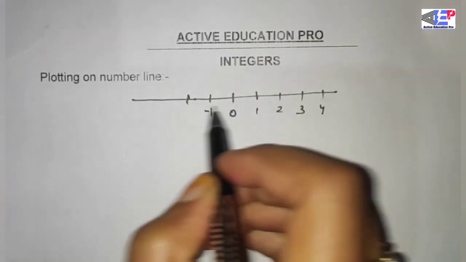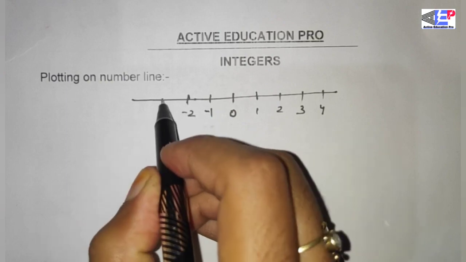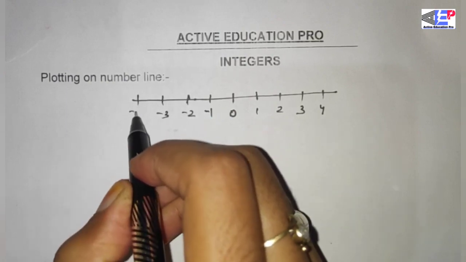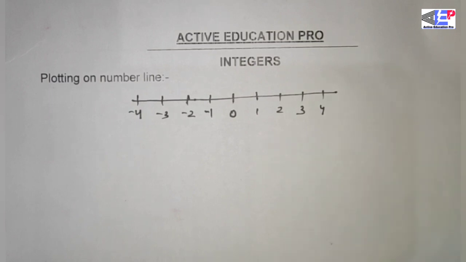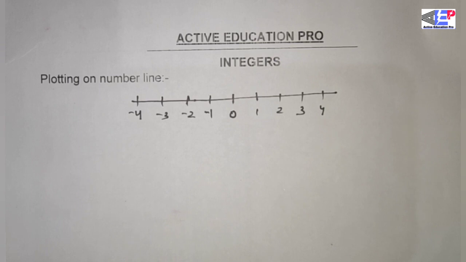When you move left from 0, you get the negative integers -1, -2, -3, -4, and the numbers go on, because you will never get a maximum or minimum number. It is not possible to identify the maximum positive integer or the minimum negative integer.